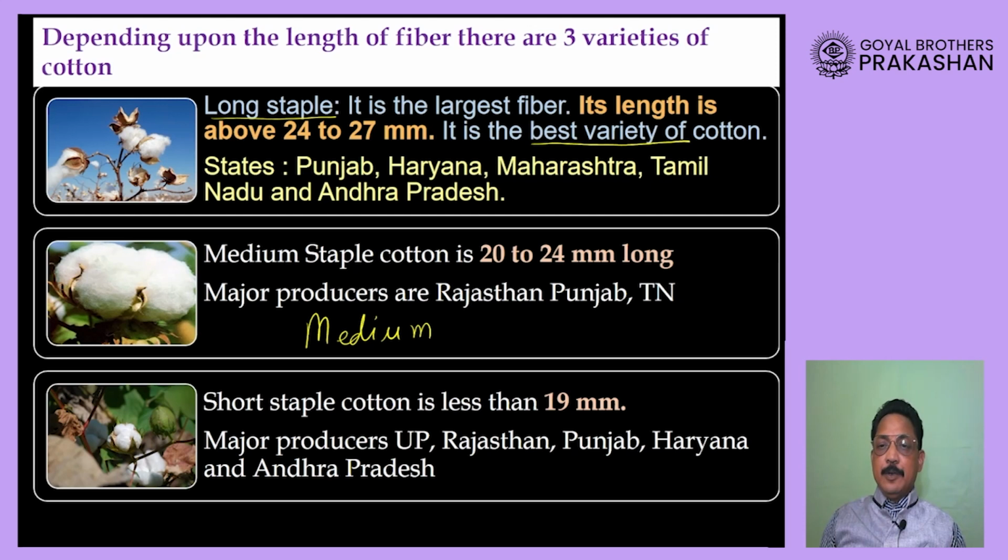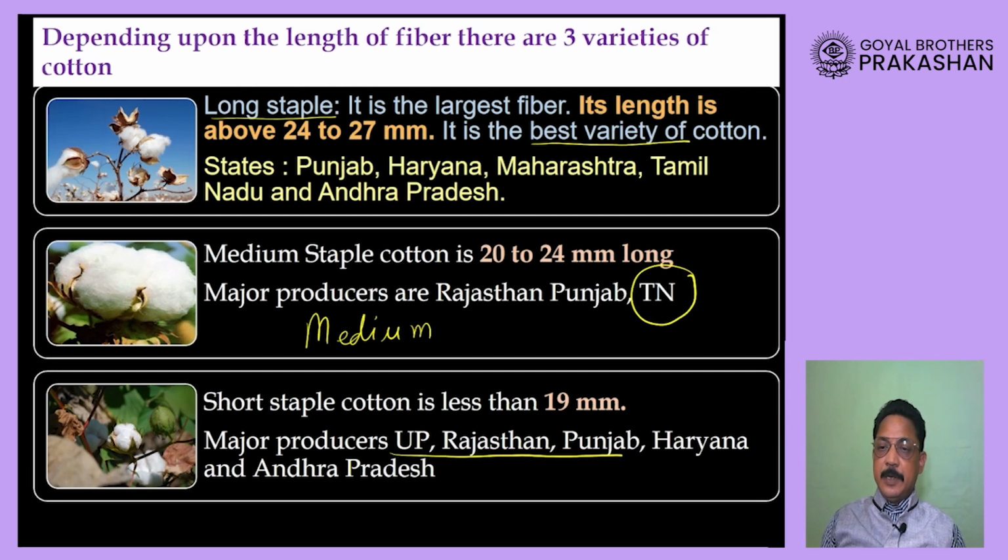It grows in Rajasthan, Punjab, and the state of Tamil Nadu also. And short staple cotton has fiber length less than 19 millimeter, and it grows in the states of Uttar Pradesh, Rajasthan, Punjab, Haryana, and Andhra Pradesh.